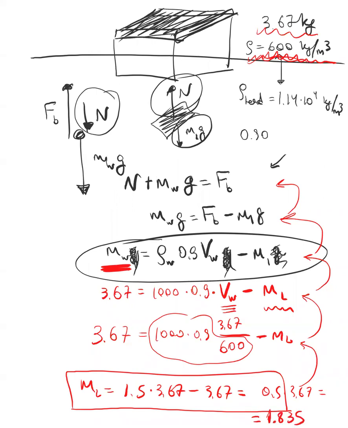So my lead weighs 1.835 kilos. Okay, so you do part B, and the difference in part B is that now this lead is on the bottom, so it is already submerged in water. You will have to add a second buoyant force, which is the buoyant force on this piece of lead.